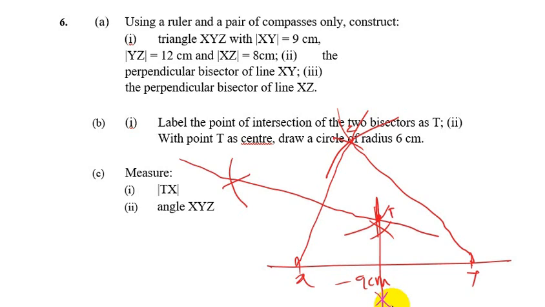So you stand at T, then you open to 6 centimeters and you draw a circle. I'm sure the circle will touch all the 3 sides like that. And they said we should measure TX, and also find this angle. The angle we use a protractor, and the TX we use a ruler.